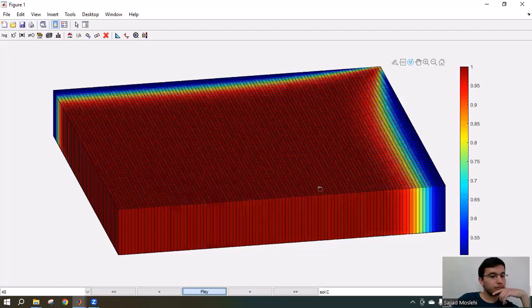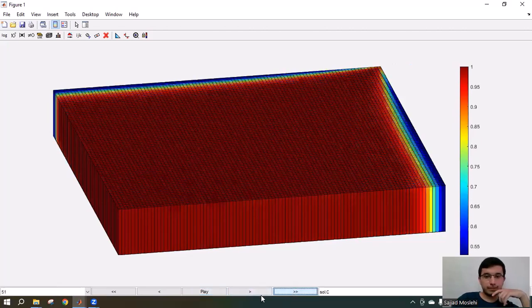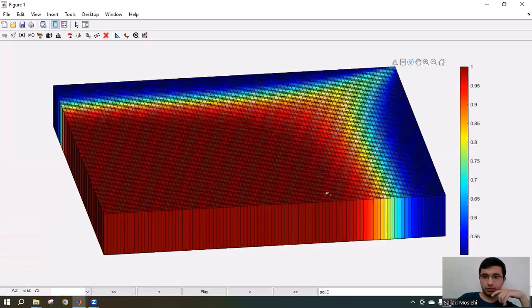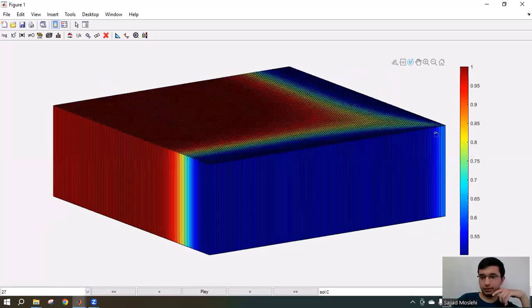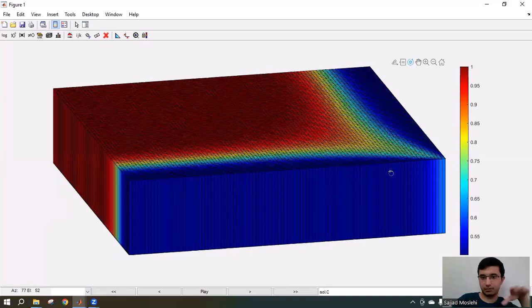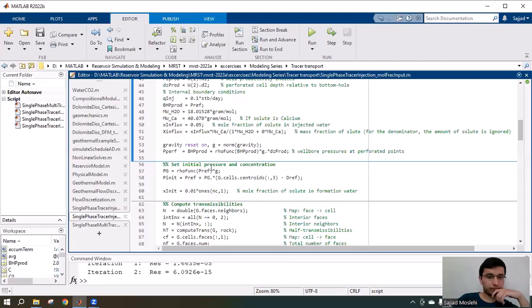Very good, very beautiful. Let's go to the end. As you see, it is visible that the tracer breakthrough has occurred. Very good. This is the two-dimensional model.